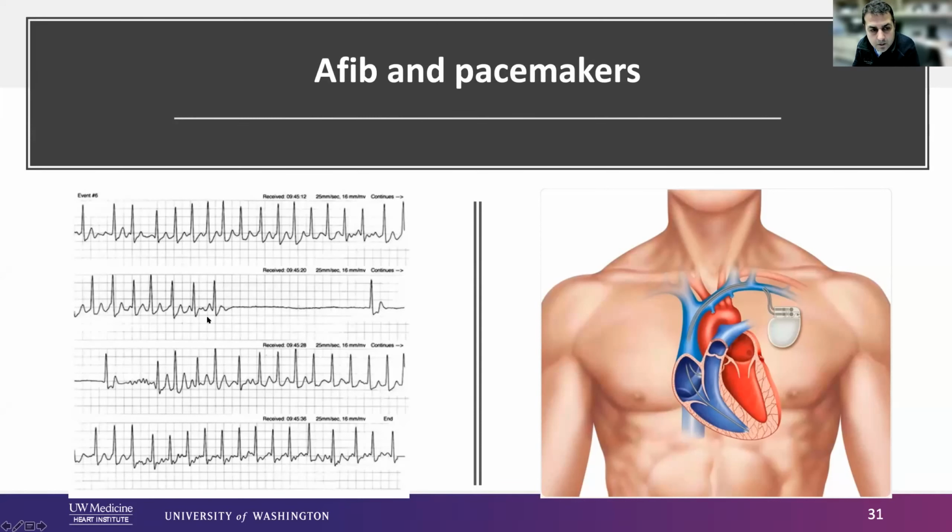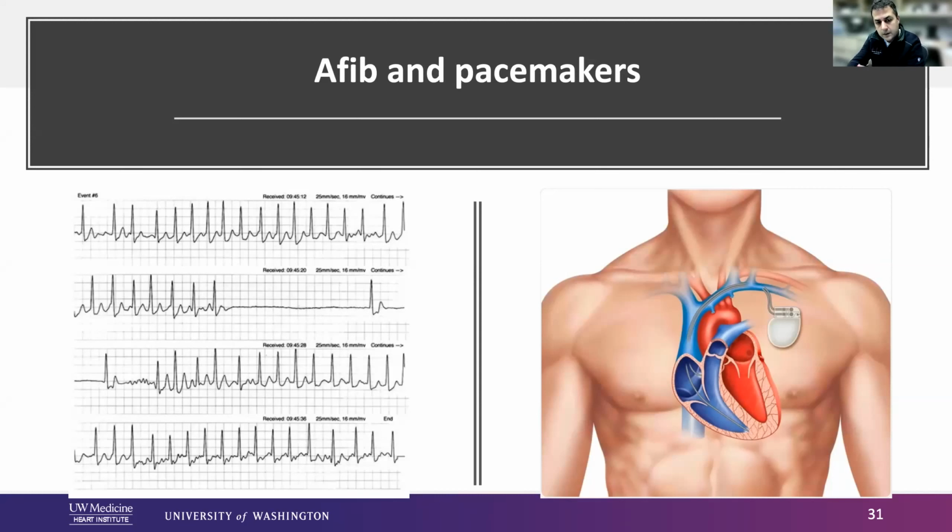And sometimes we see this where you go from this fast and irregular rhythm and all of a sudden it's a pause and you have nothing for a few seconds, and then the heart has a beat. So the longer this pause, the more worried we get and the more symptoms are likely to happen.